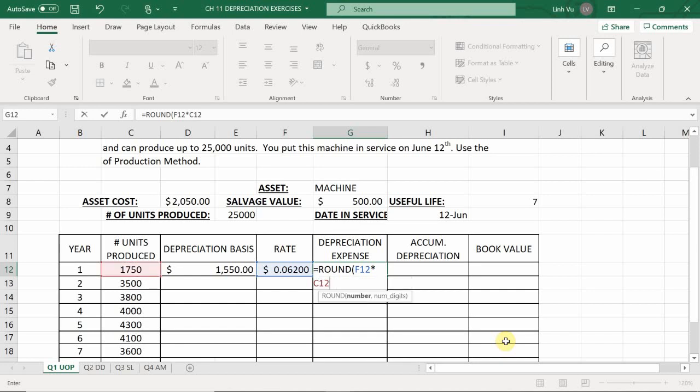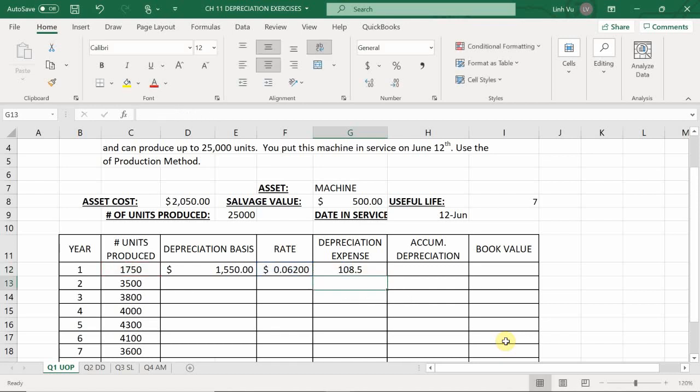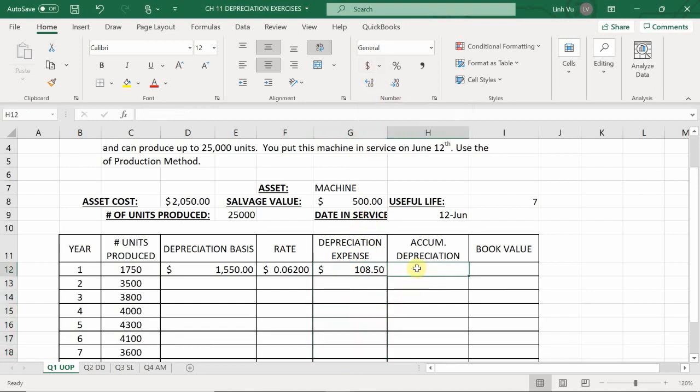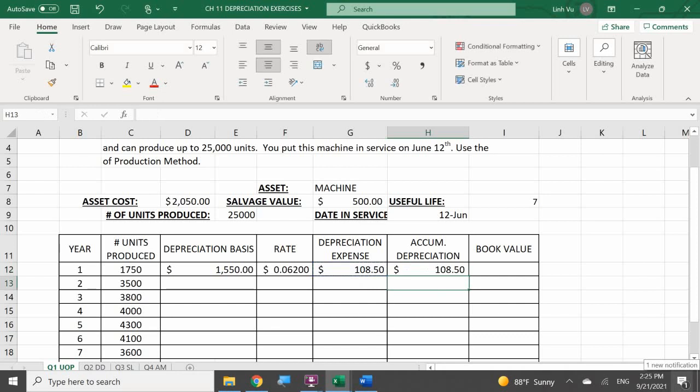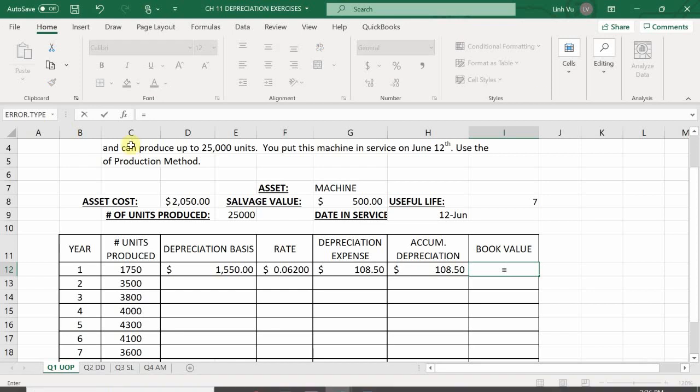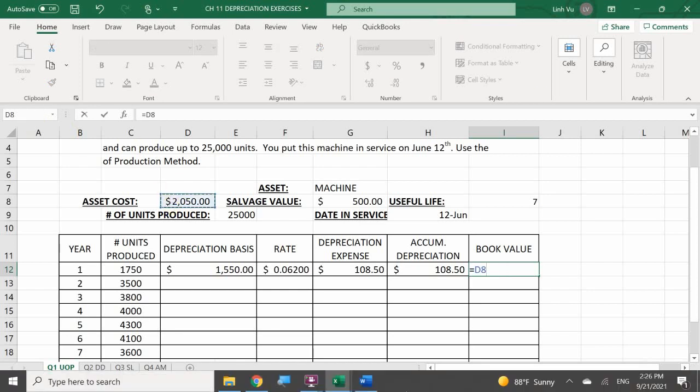So then I put a 2 here, and I get a grand total of $108.50. Because it's the first depreciation year, your accumulated depreciation is going to reflect the same. So what is going to be my total book value? I'm going to take my 2,050 minus my 108.50, and that's going to give me a total of $1,941.50.